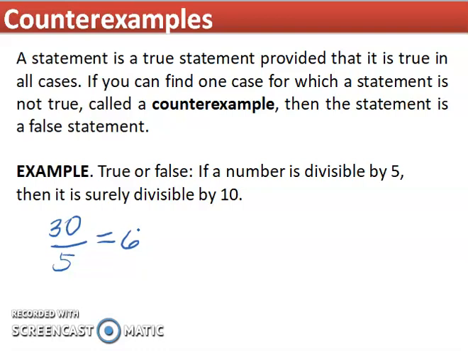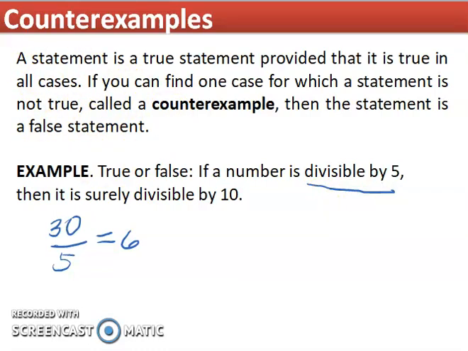When you say divisible by 5, you divide it by that number, and there should be no remainder, no? So it should be exact. Okay? So 30 is divisible by 5. So if it is divisible by 5, is it divisible by 10?